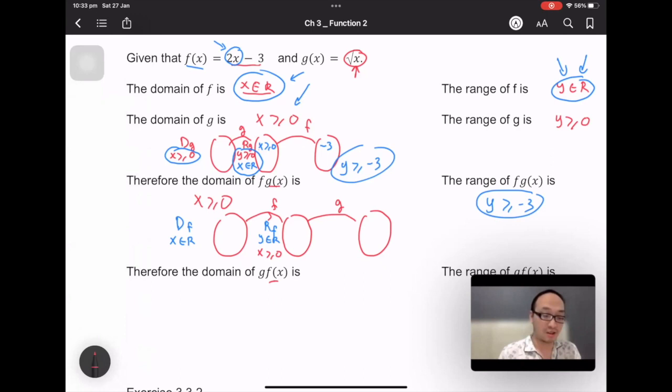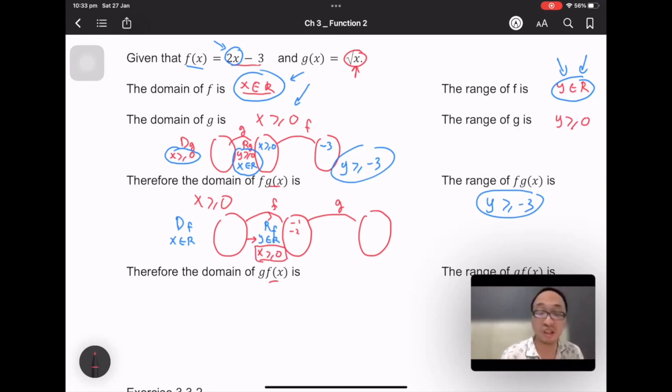So in this case, we have some values of f(x) that cannot fit in the domain of g, because f(x) here, the blue one, can be -1, can be -2, because it's all real numbers. But the one accepted by the function g is x greater than or equal to 0.